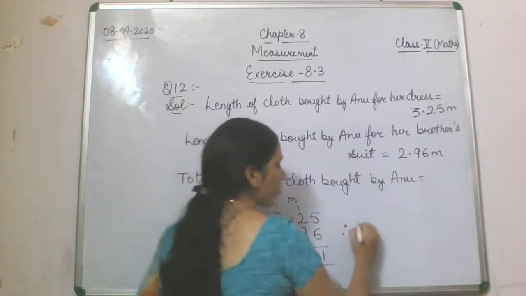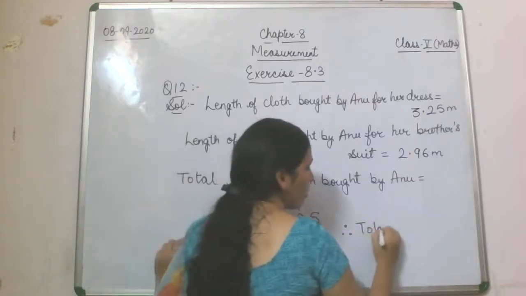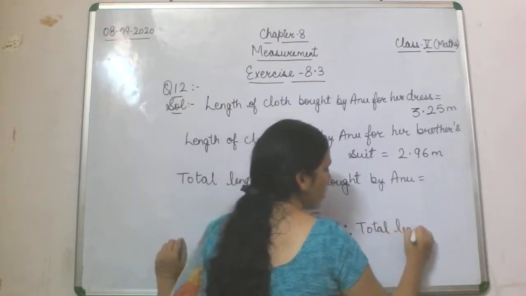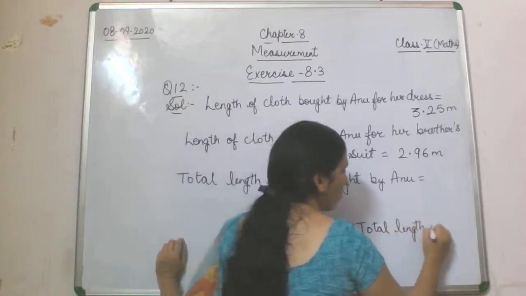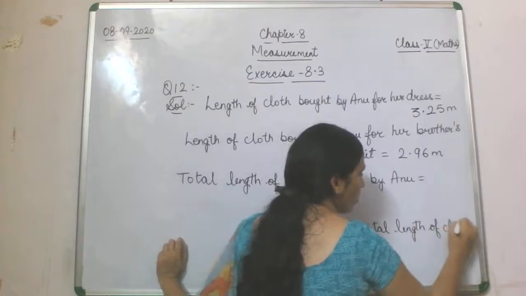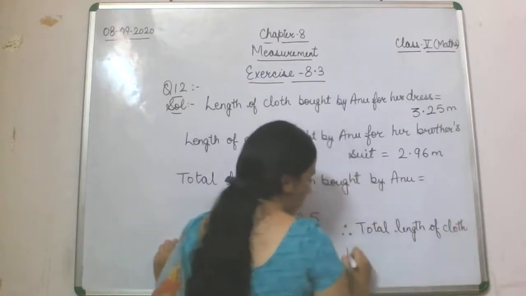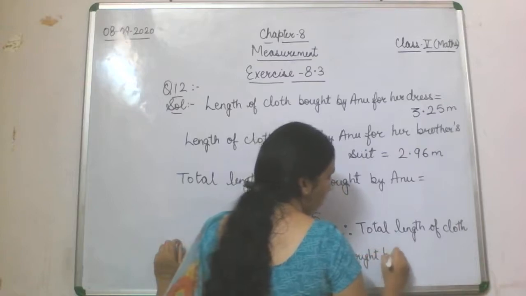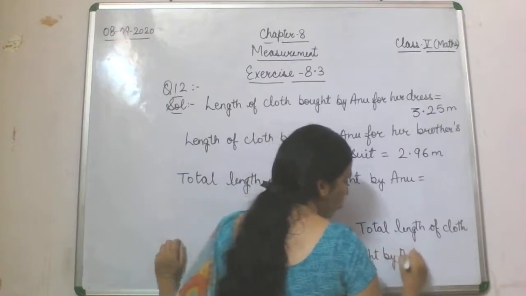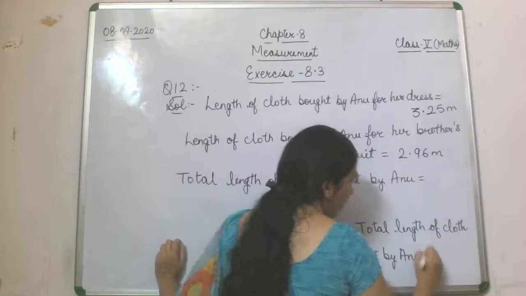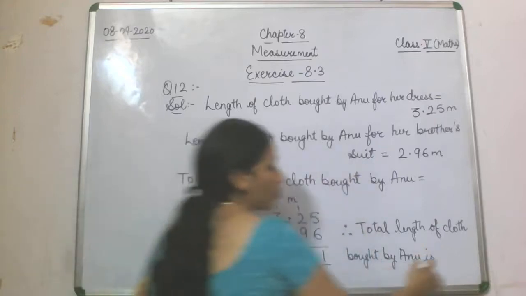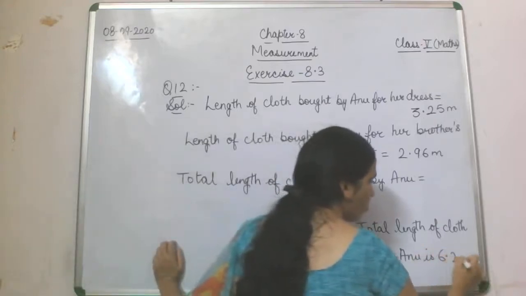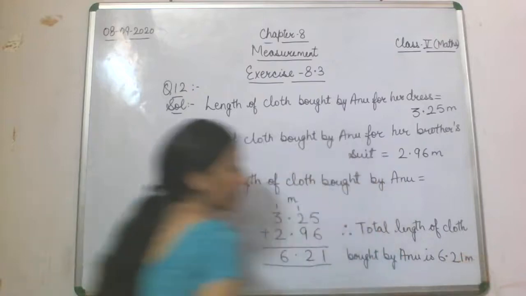Therefore the total length of cloth bought by Anu, that we will write, 6.21 meter.